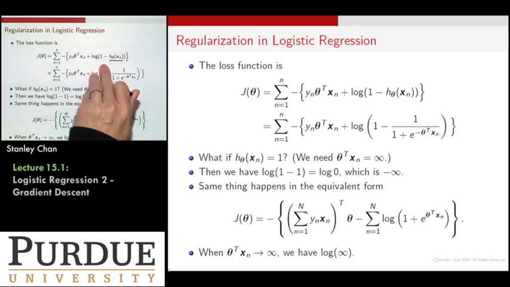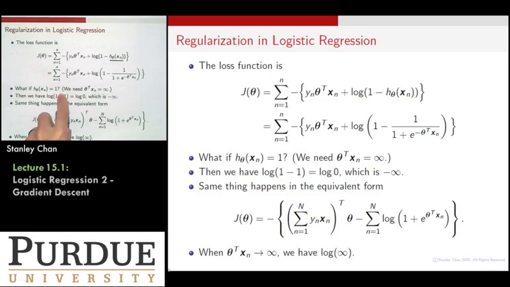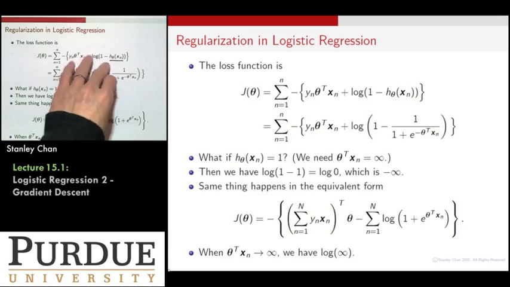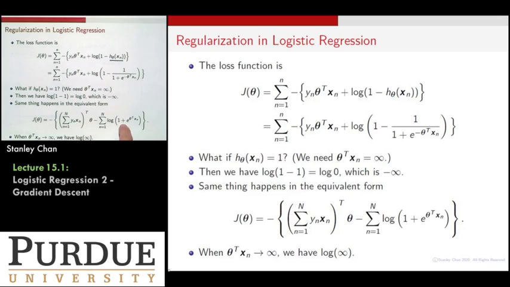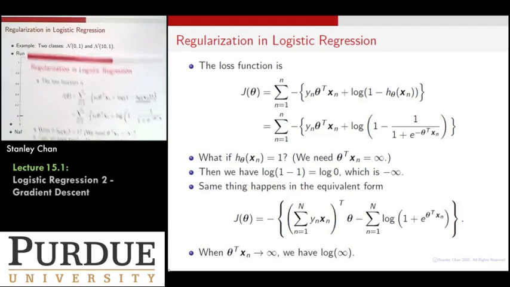Then it's not fun to work with this case. So here it is summarized: what if h is really 1? Then you have this log of 0, which is minus infinity. No matter how you change this expression, you can change it into this form or that form, you will always have a similar issue.